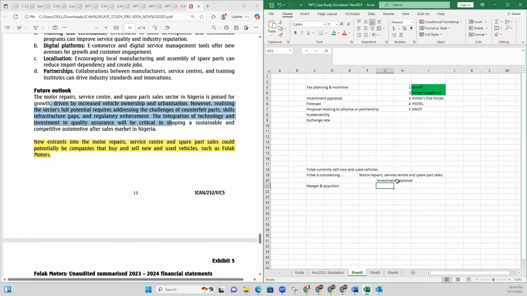If it is not an investment appraisal thing, what else could it be? Think about them trying to go into motor repair, service center, and parts. That's where we might need to open our mind to alliances now and partnerships.